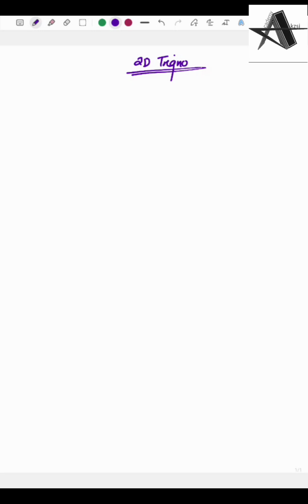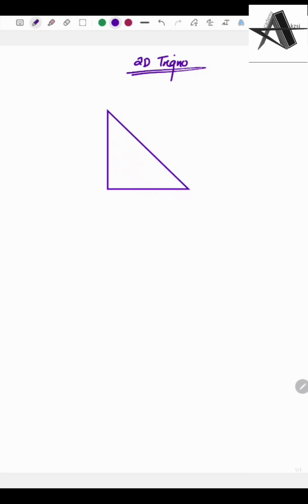First, you have to look out whether it's a right angle triangle or not. Sine rule and cosine rule are applicable in all types of triangle, whereas the trigonometric functions I'm talking about, the ratios sin, cos, tan, are applicable only in right triangle. So this is your right triangle.